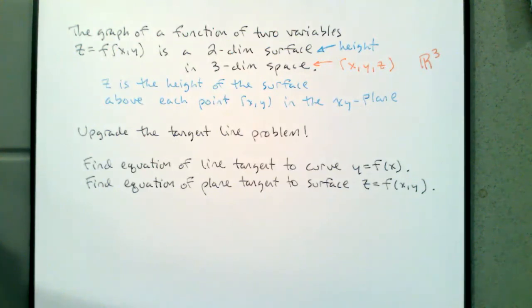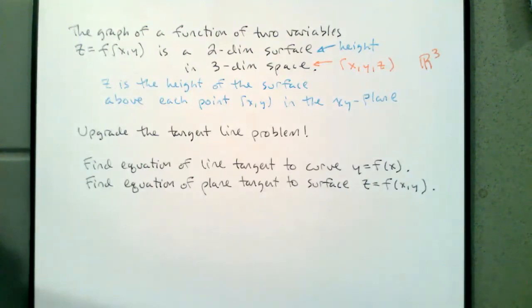In R2, a linear equation gives us the equation of a line. That's not a big shock, that's where the name comes from. But in R3, the linear equation will give us the equation of a plane.